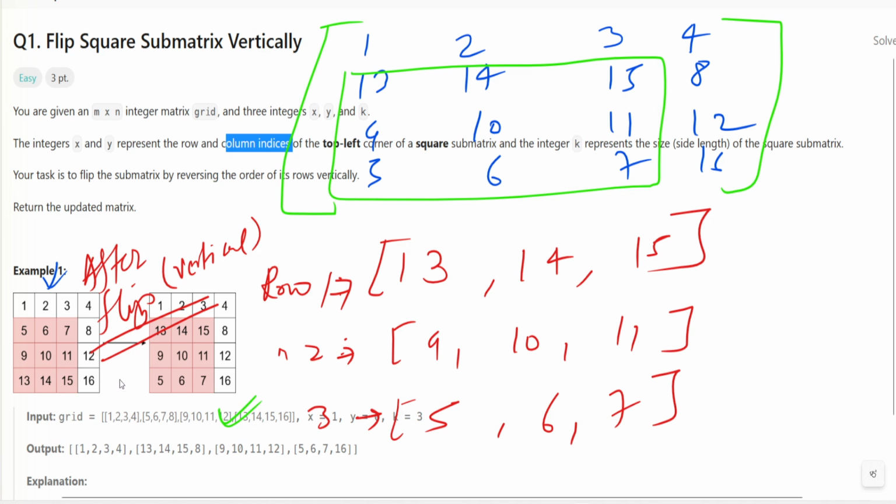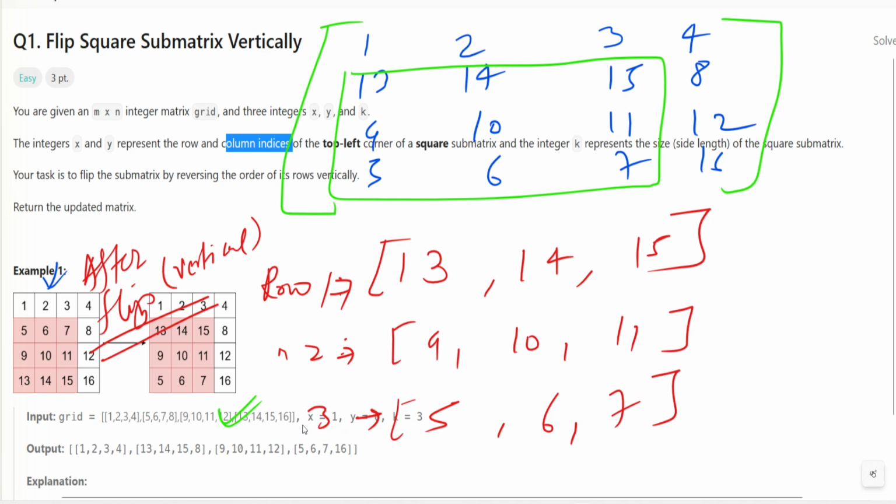We keep swapping until we reach the middle one. So it is exactly the same as reversing an array, but instead of a 1D array, we are reversing the rows across a k by k square, like 3 by 3.